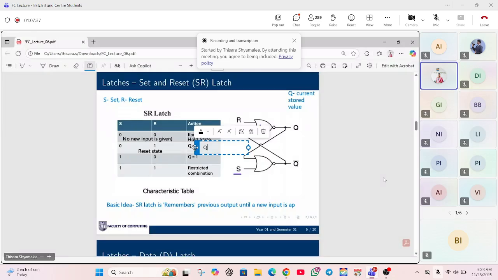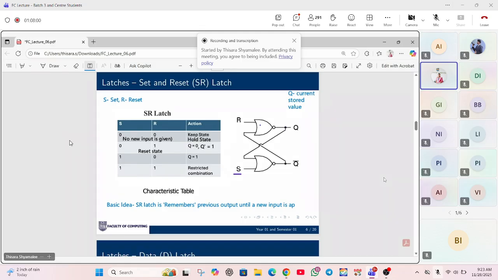So Q equals 0, then Q bar is 1. That is the reset state.